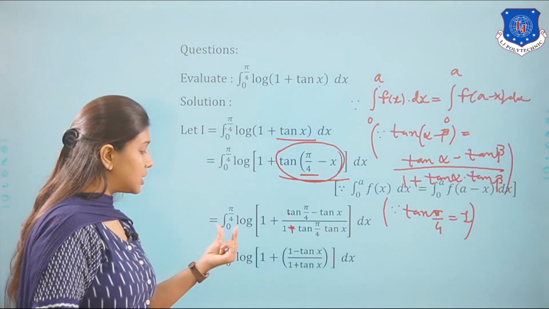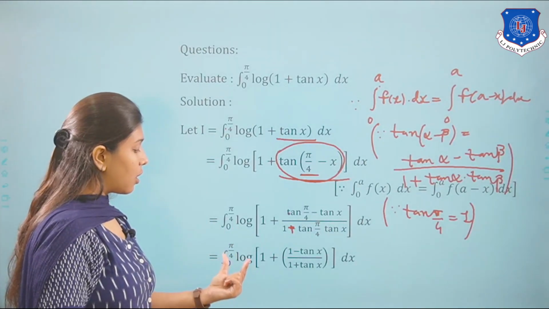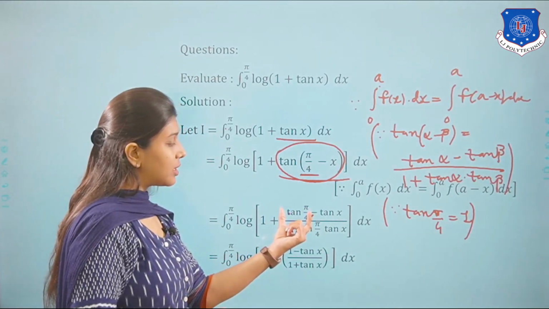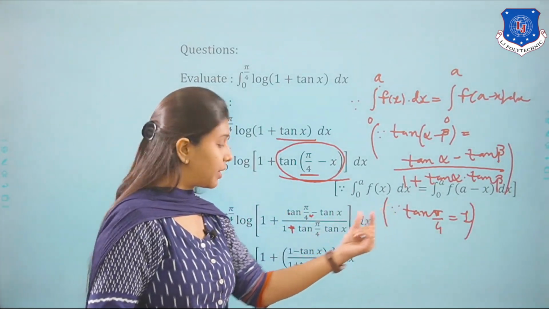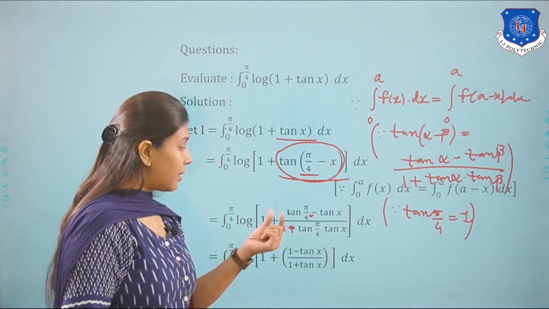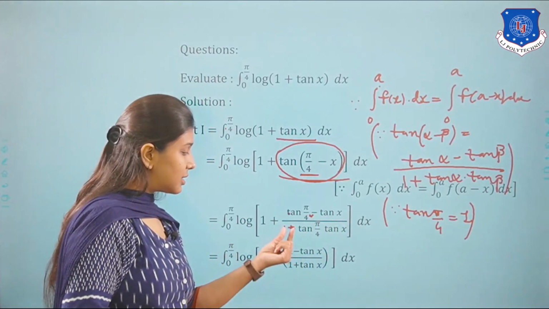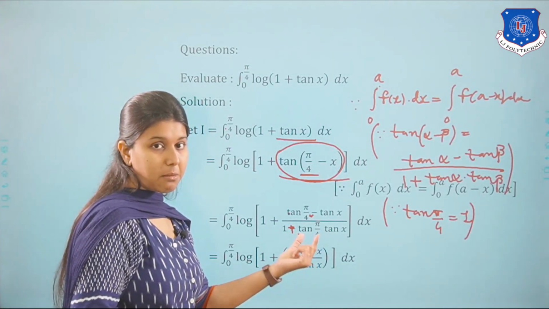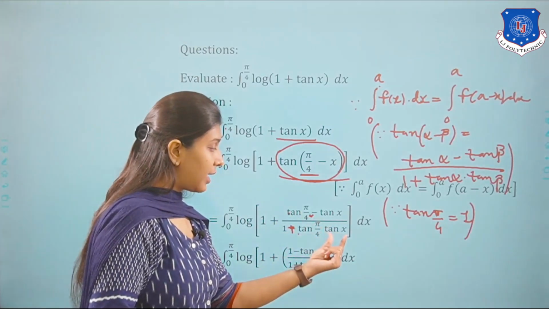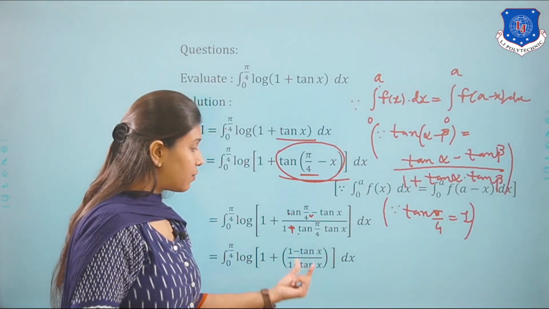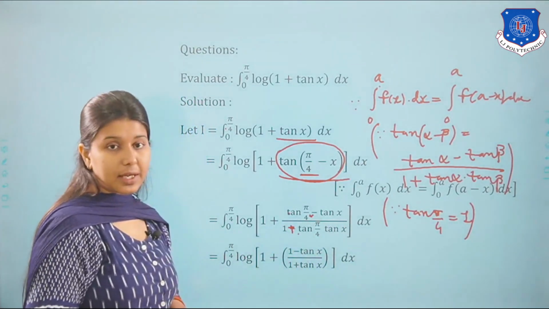We have 0 to pi by 4 log 1 plus tan pi by 4 is nothing but 1 from here, and minus tan x is as it is. Similarly, 1 is as it is plus tan pi by 4, that is nothing but 1 into tan x. 1 into tan x is again tan x. So we have 1 plus tan x.